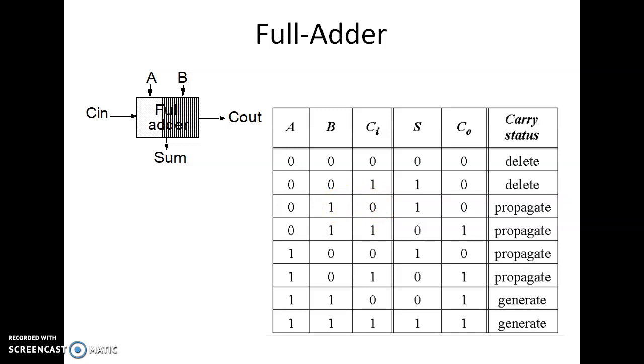If both the inputs are equal, 0 0 or 1 1, XOR output will become 0. If either of the inputs is 1 and the other one is 0, then the XOR operation will become 1. So here what we need to observe is either one of A, B should be 0 and the other 1, or the carry should be 1. So that is the XOR.